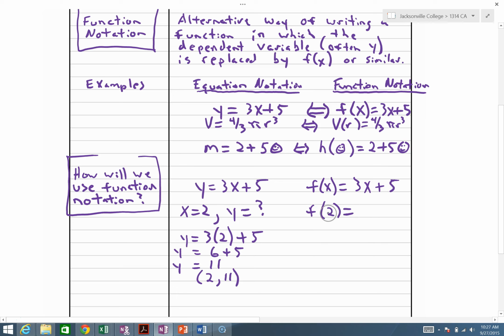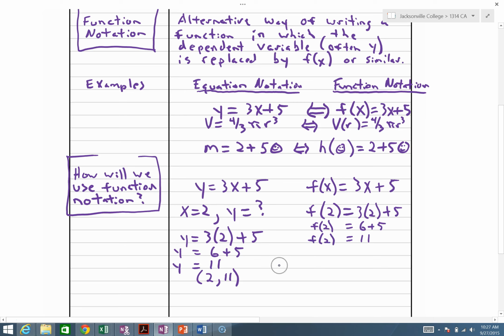And so I can immediately go to my substitution. Here I've let x become 2. I'm simply going to substitute 2 in here for x. So I have 3 times 2 plus 5. So 3 times 2, that's 6. 6 plus 5 is indeed 11. All right. So I see that f of 2 is equal to 11. I'll rewrite this statement over here.